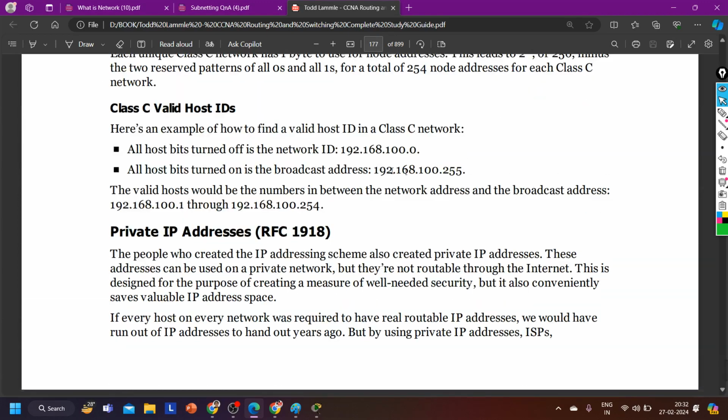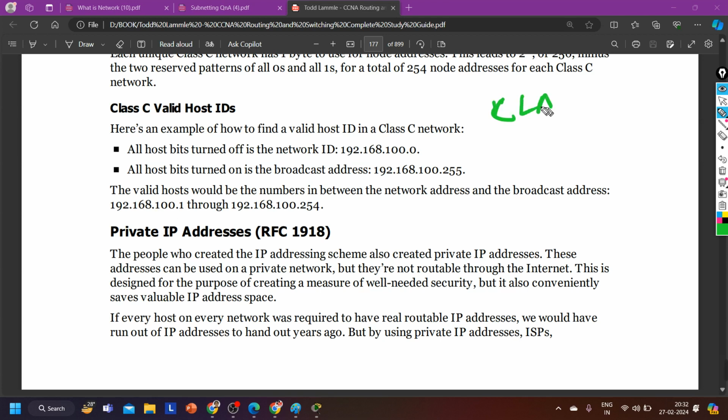Then guys, again for each class we have divided IP addresses into two parts, private and public. Still, after subnetting also we have a shortage. So what did we divide? Each class of IP address is divided into two parts.